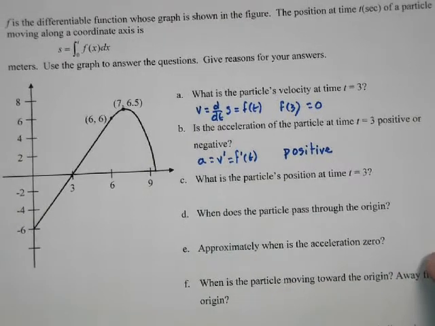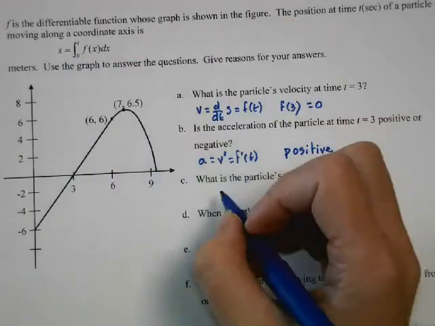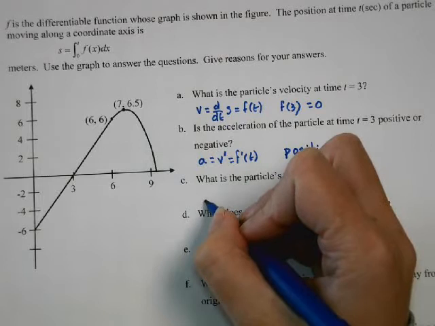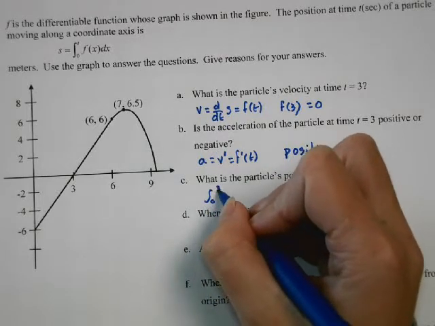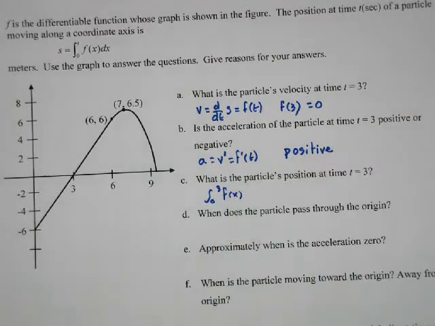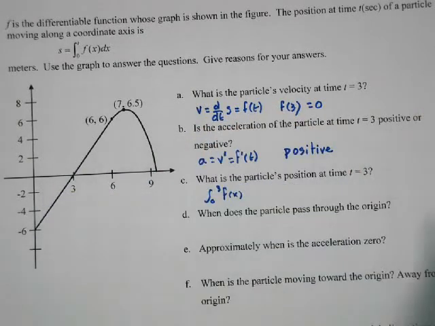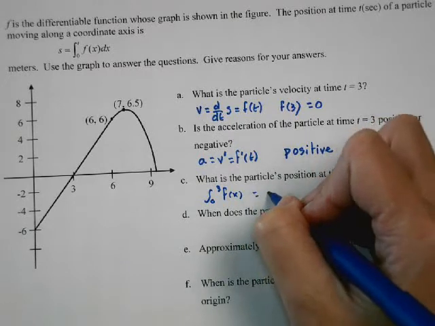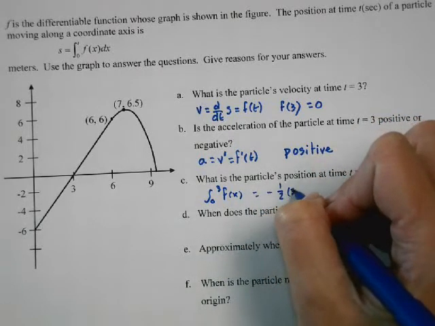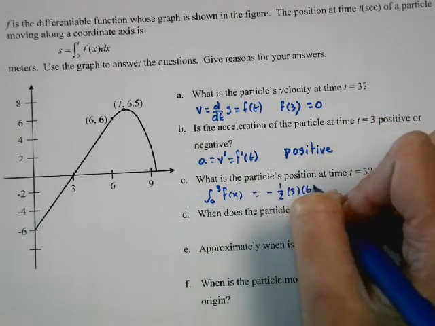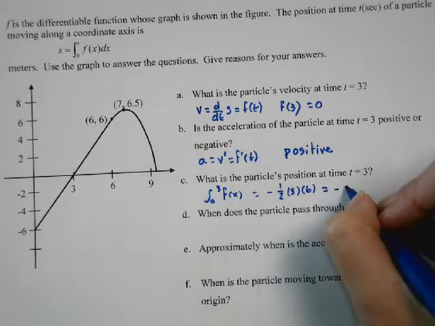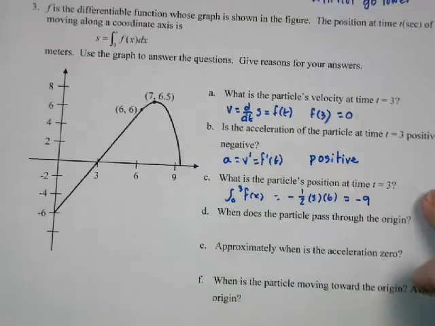What is the particle's position at time 3? We have the integral from 0 to 3 of f of x. That's the area of this triangle, but negative. So this is negative 1/2 times 3 times 6, which is negative 9.